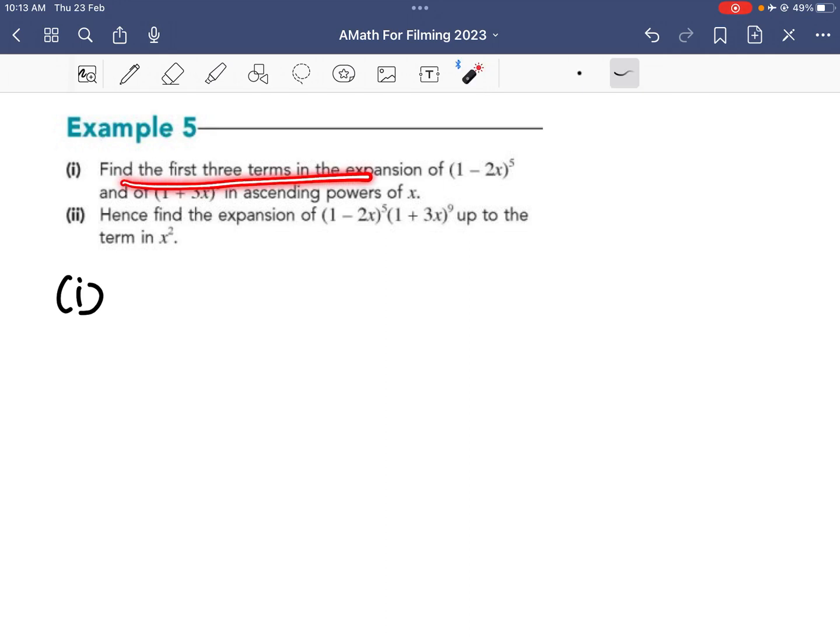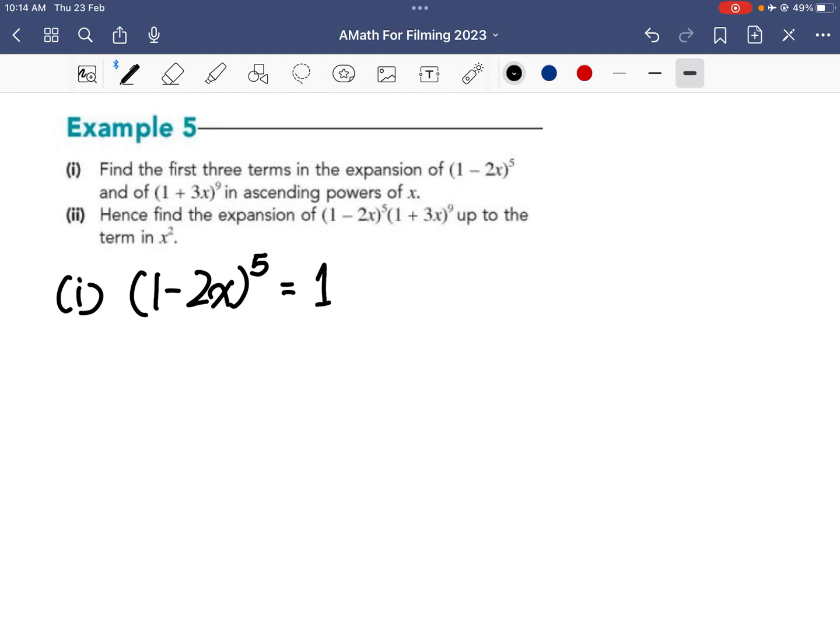So now, the question states, find the first three terms in the expansion of 1 minus 2x to the power of 5. So it's 1 minus 2x to the power of 5 for example 5. So the first term in this expansion will always be 1. So the first one that I write, see how the pattern goes, is 5 choose 1.